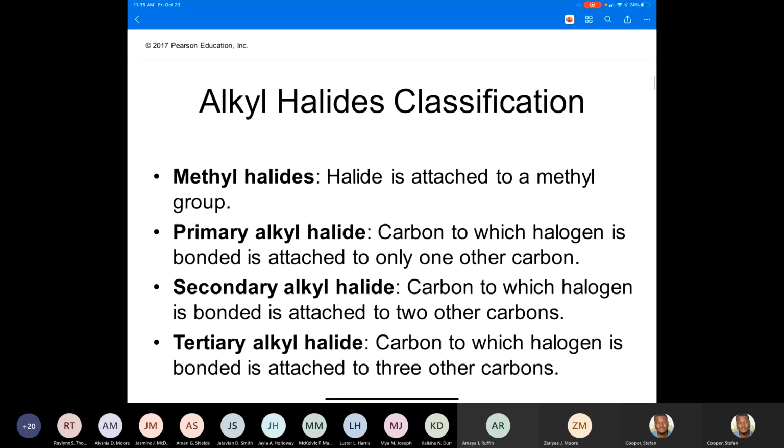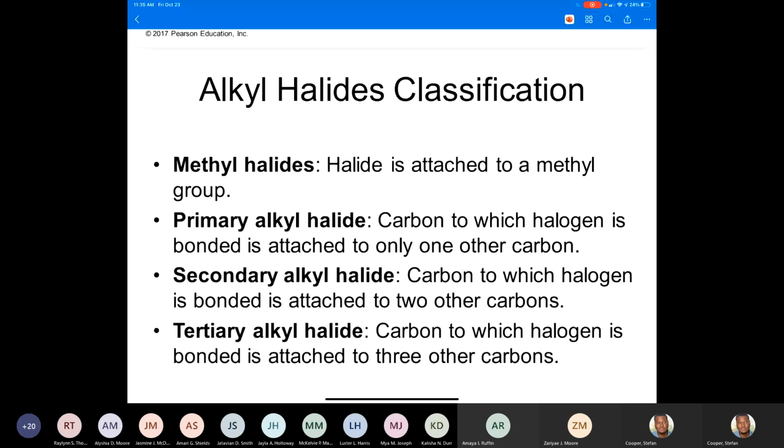We're almost there. We want to start to also classify alkyl halides. I'll be using that word interchangeably this semester. Classification is another way to say your substitution pattern. Are you just a methyl halide? That means the carbon has 3 H's. Are you a primary, secondary, or tertiary alkyl halide? That's very similar to primary, secondary, and tertiary carbons.